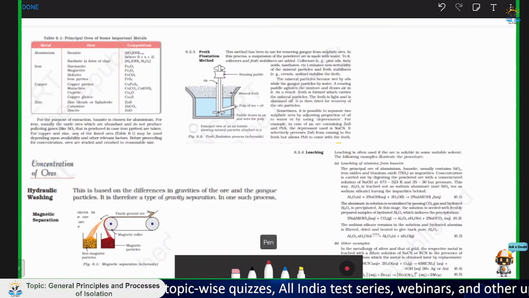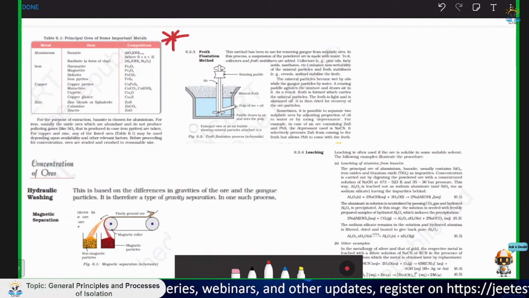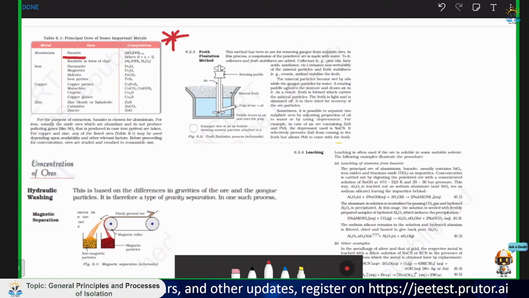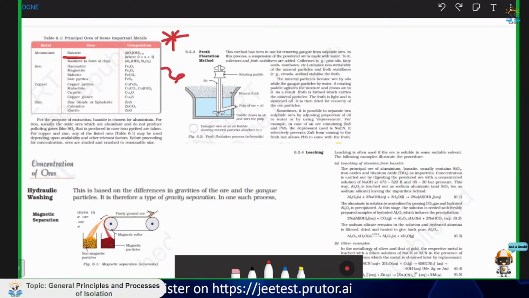Anyway, this table is important. Aluminum, bauxite is important. Iron, all four are important. No, this whole table is important.